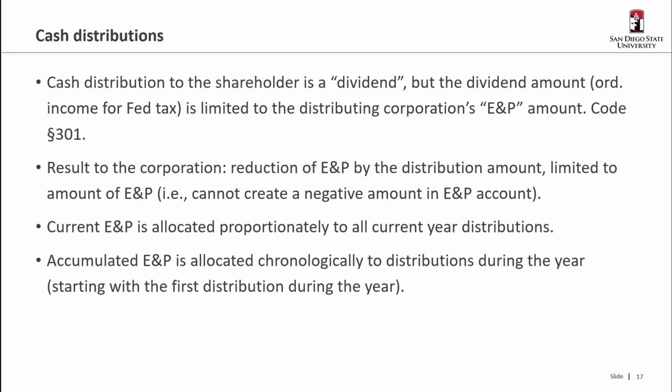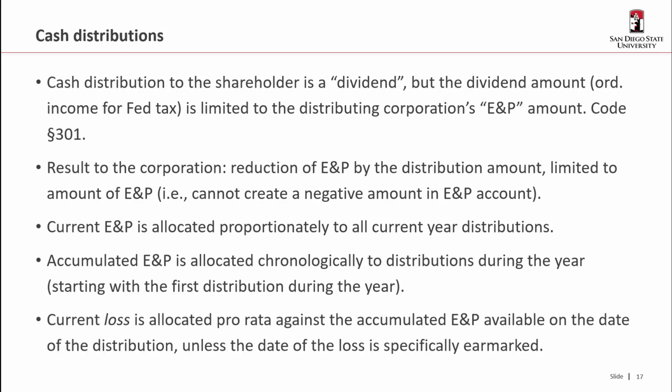Okay. So like I was saying, accumulated E&P is chronologically distributed. Current E&P is allocated proportionally across. A current loss is allocated pro rata against the accumulated E&P available on the date of the distribution, unless the date of the loss is specifically earmarked.